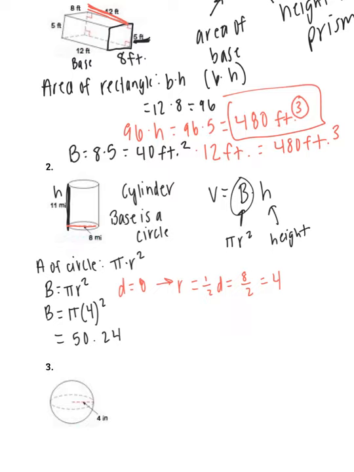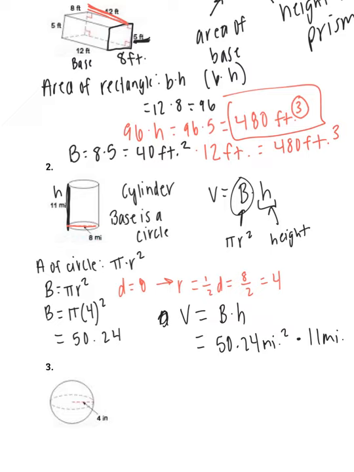Okay, so I'm getting 50.24 for the area of the base, and then I need to multiply that by the height of the cylinder, which is 11. So volume equals big B times H. We said big B was 50.24, and since that's an area, it's going to be in miles squared times the height, which is in miles.